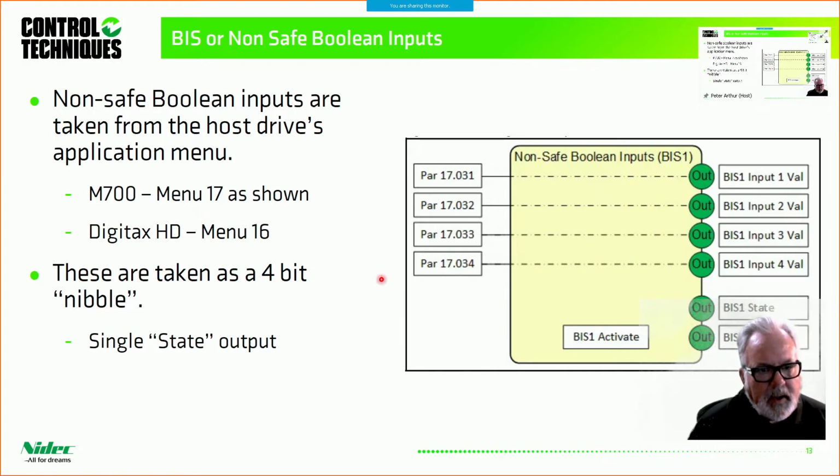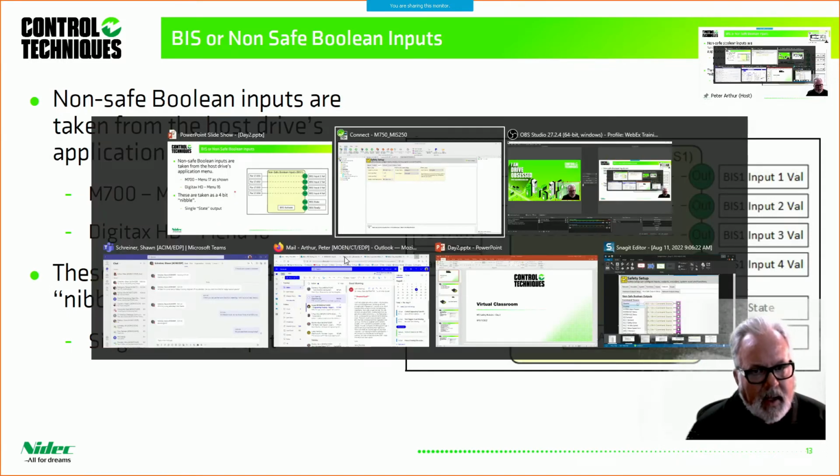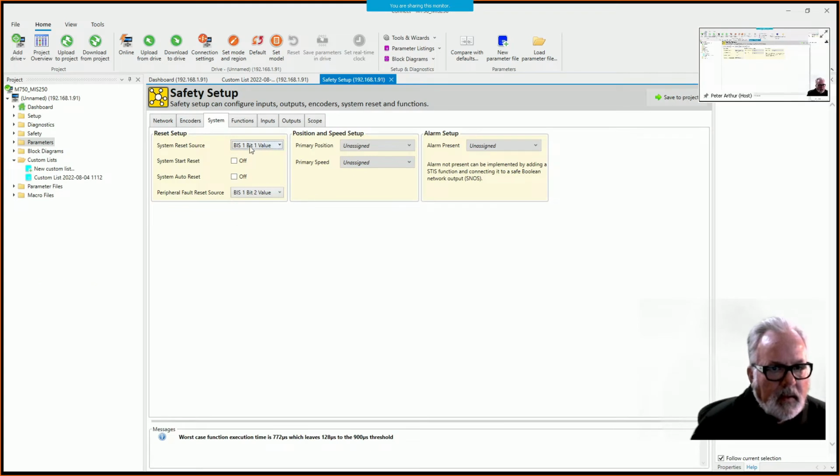Now these bits are taken as a 4-bit nibble to produce a single state output here, right? So in my example today, I'm using menu 16. So let's go back to Connect now. I'm using non-safe bit 1 value, and the setup menu is menu 16. So let's look at that.